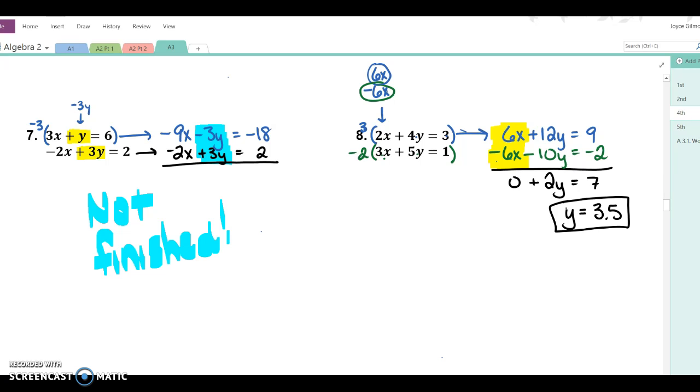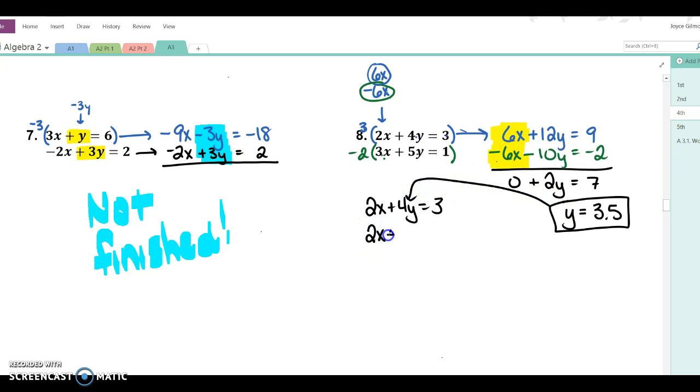Okay, what should I do now? Plug it back into the original equation, and it does not matter which original equation. So I am going to pick 2x plus 4y equals 3. If you wanted to pick the other one, you could.